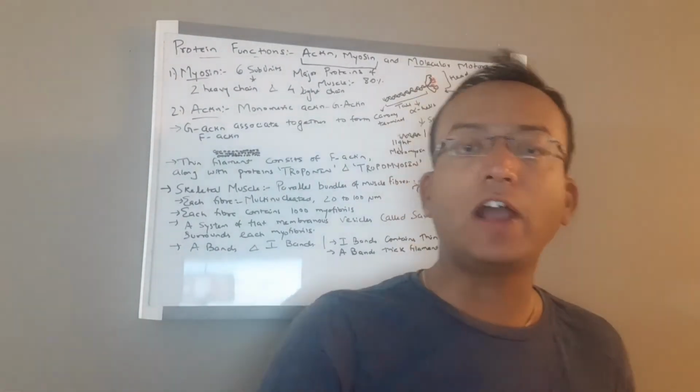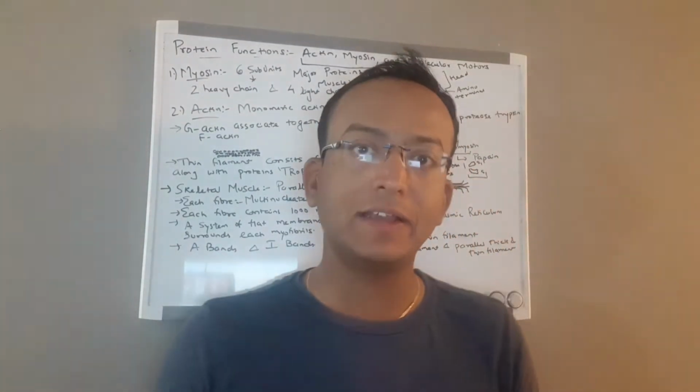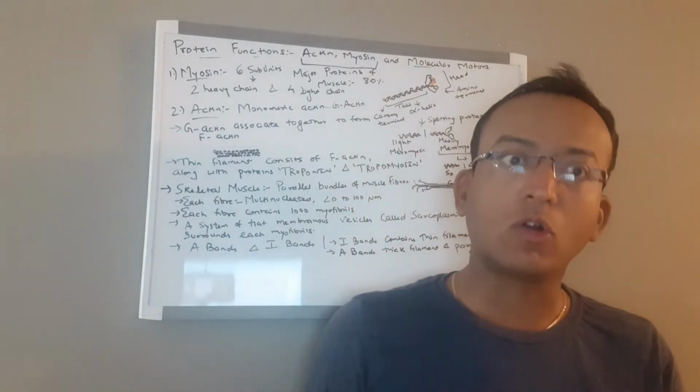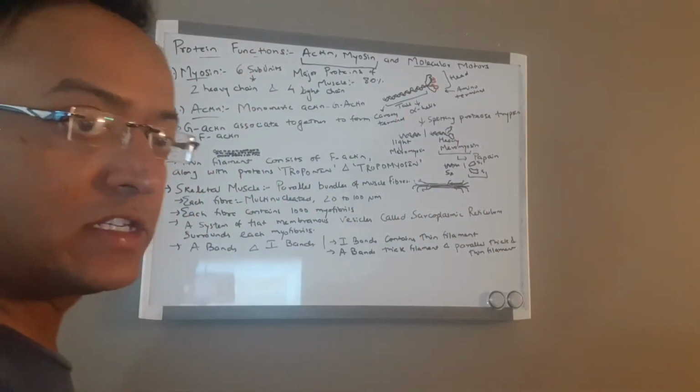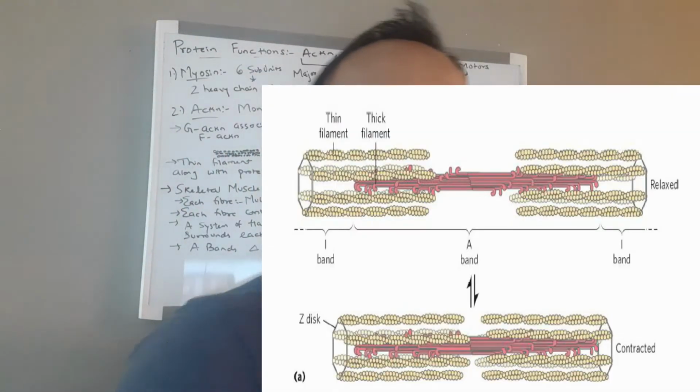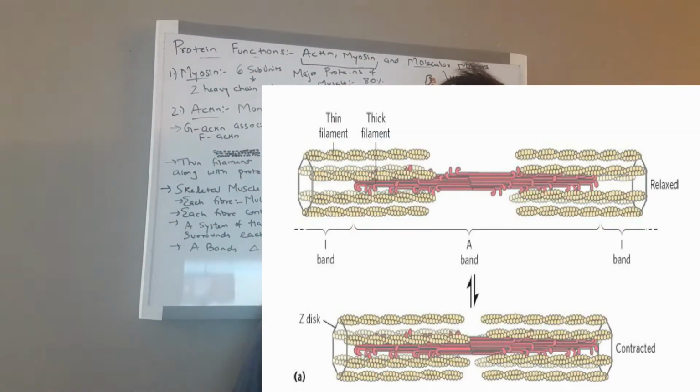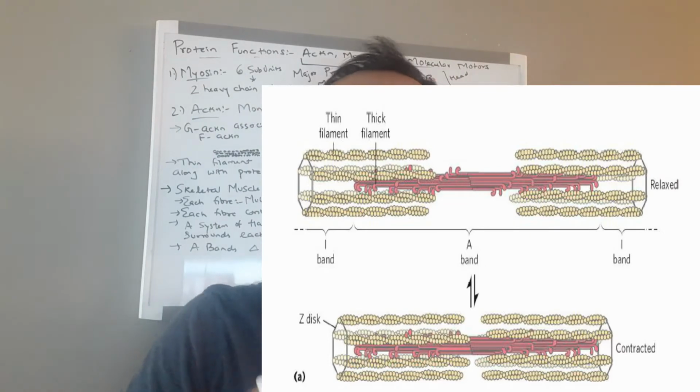Bisecting the I band is a thin structure called the Z disc. As you can see on your screen, the I band is bisected. It's not dissected, it's bisecting, it's just dividing.